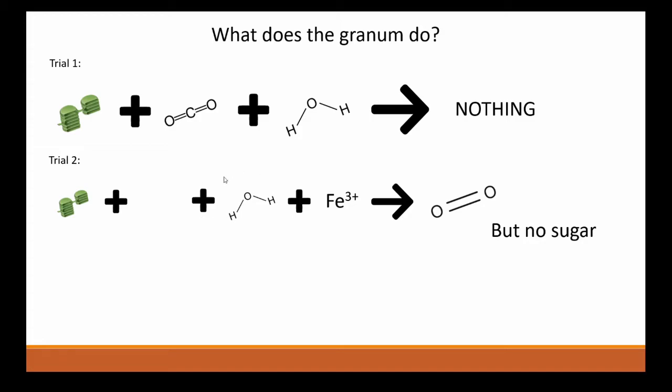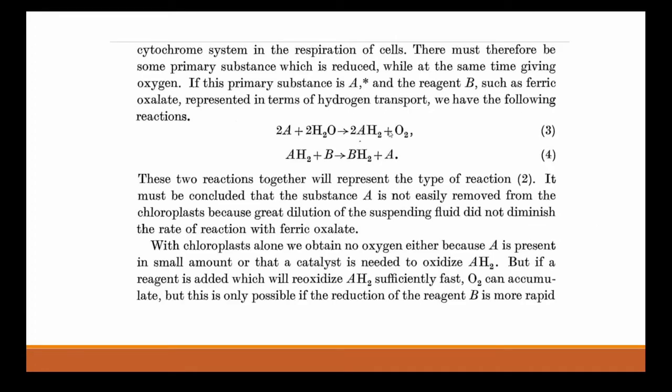So water is being split at the granum, and it involves the transfer of hydrogen ions and electrons to reduce either the iron ion, as seen here, or NADP, if it's in an actual plant that's alive.